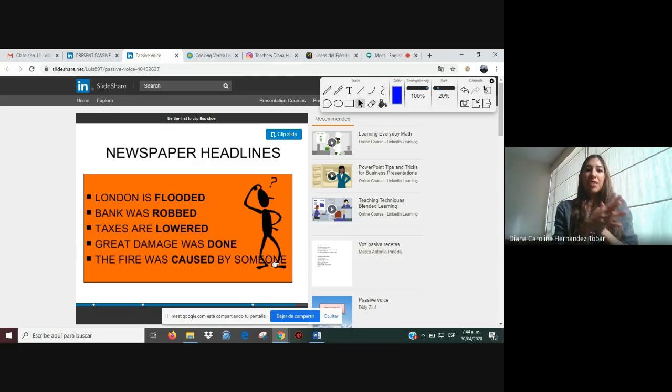London is flooded. The bank was robbed yesterday or last night, right? So I want you to take a look. Of course, this is in passive, but in simple past. Just take that into account. This is present, is flooded. Taxes are lowered.